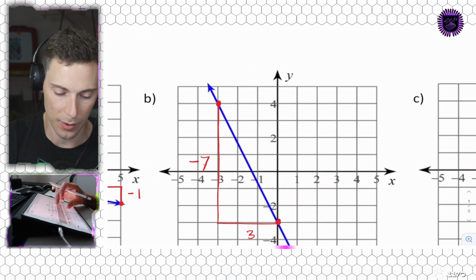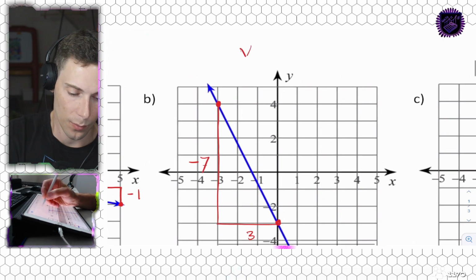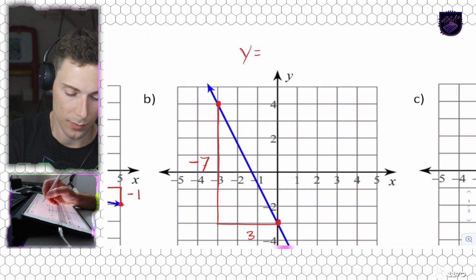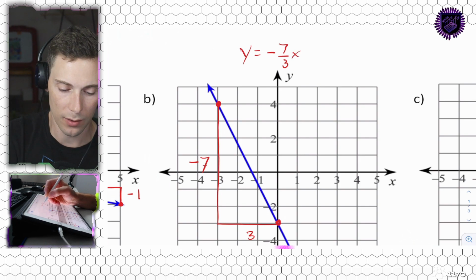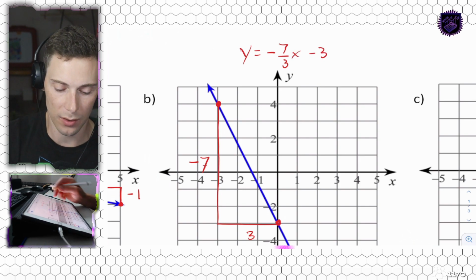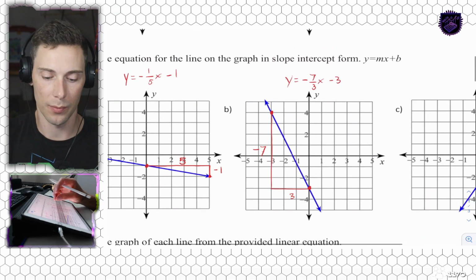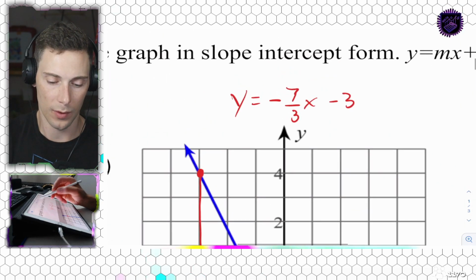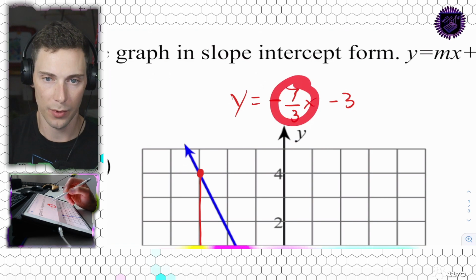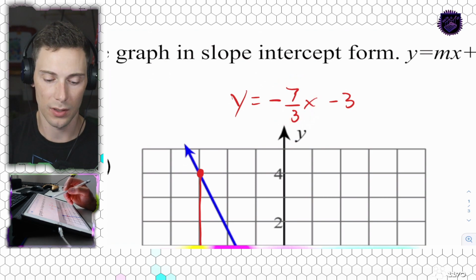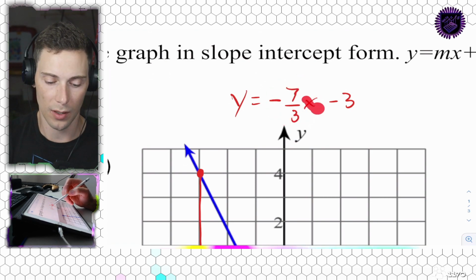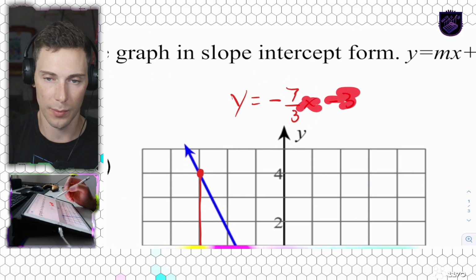And our y-intercept is -3. So y is equal to -7/3x minus 3, because our y-intercept is at -3. So y is equal to the slope, -7/3 times x, minus 3, which is the y-intercept.